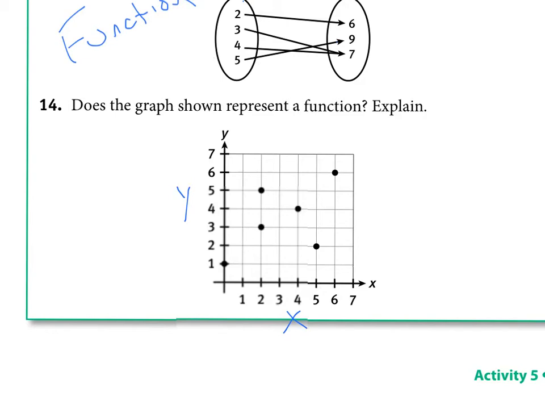If you said yes, then you are correct. 2, right here. We move up, my input of 2 is giving me 3 and 5. The input of 2 is giving me 2 separate outputs, and that is not okay. So this is not a function.